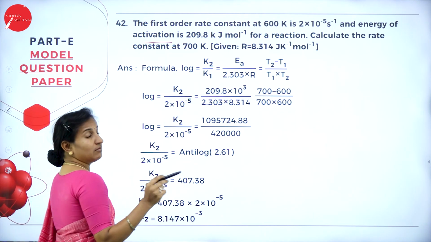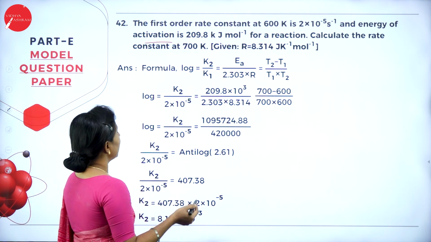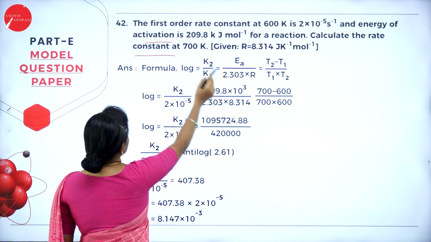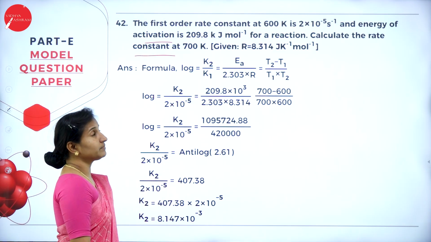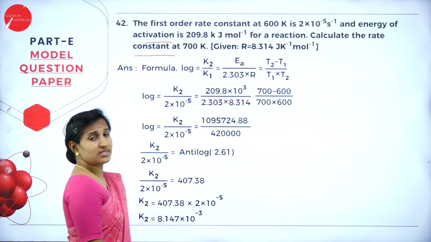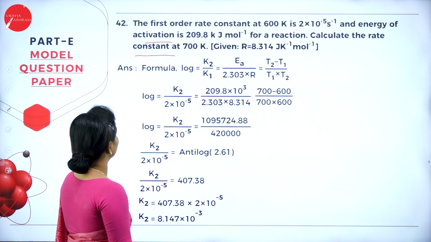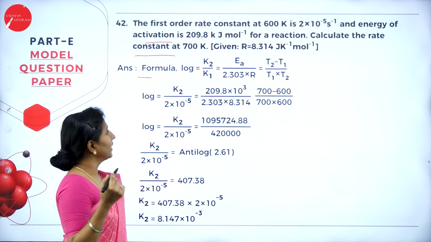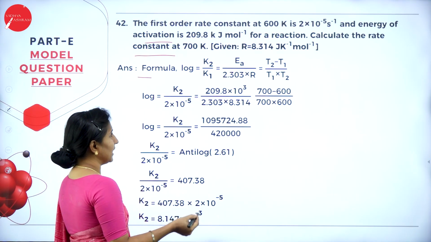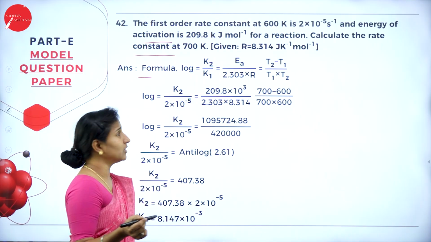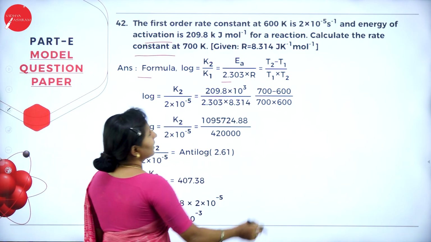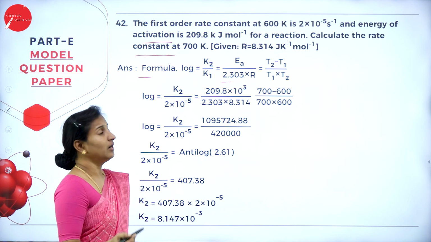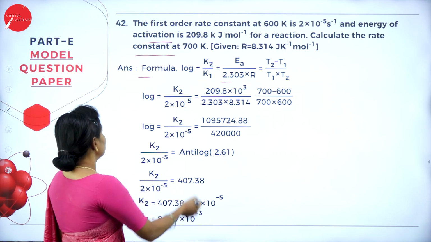The first order rate constant at 600 Kelvin is 2 into 10 power minus 5 and the energy of activation is 209.8 kilojoule per mole for the reaction. Calculate the rate constant at 700 Kelvin, given R equals 8.314. The formula: log K2 by K1 equals Ea divided by 2.303 into R, into T2 minus T1 divided by T1 into T2.